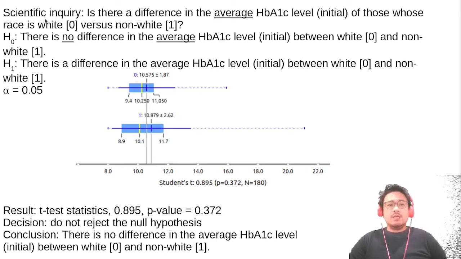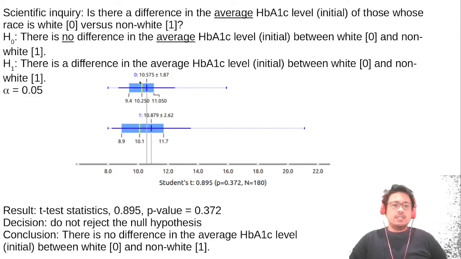So may pagkakaiba ba yung mga puti versus hindi puti. So collectively ito yung mga African American, mga Asian American, other races. Null hypothesis, walang diferensya, walang pagkakaiba. Alternative, merong pagkakaiba. So 0 yung ating white.